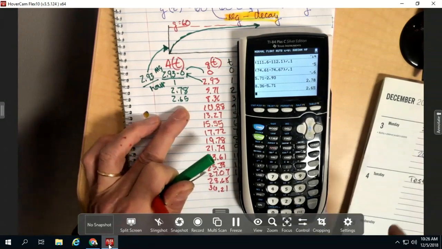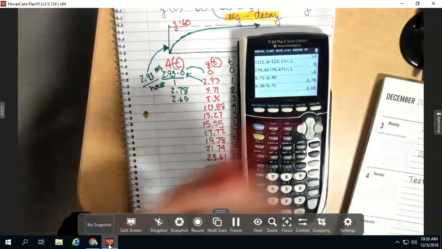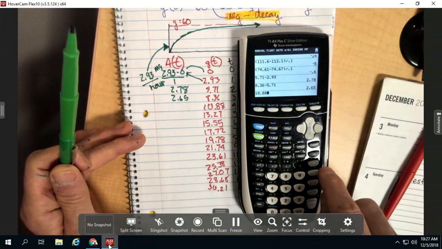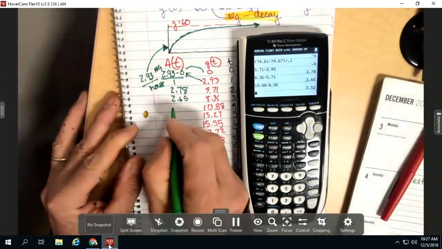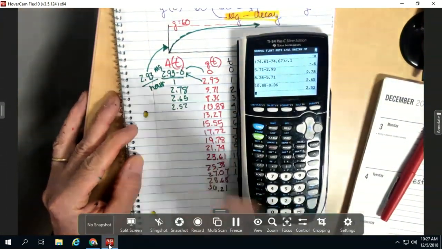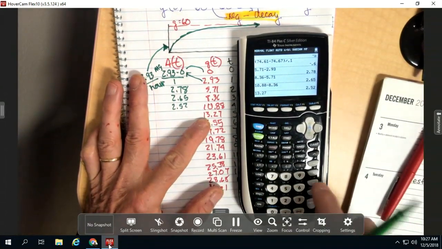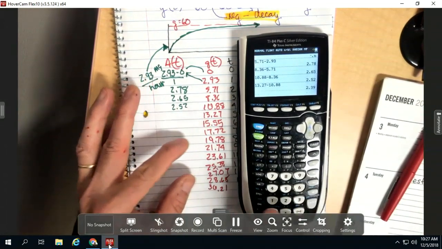Yeah, it's still increasing, but it's not increasing as fast as it was before. So let's keep going. 10.88 minus 8.36. 13.27 minus 10.88.